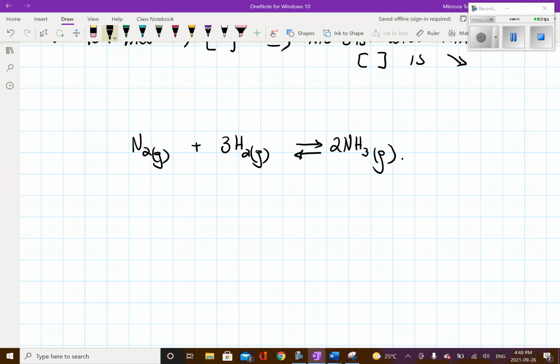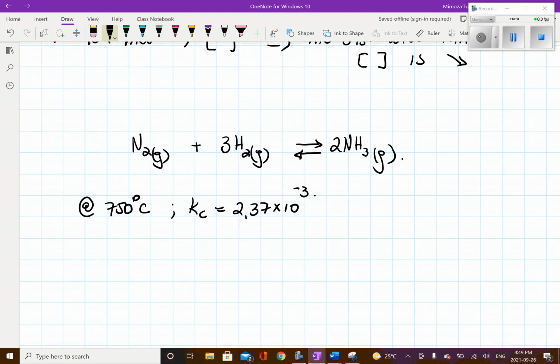Let's suppose now that we have a system at a certain temperature, 750 degrees Celsius. The equilibrium constant is 2.37 times 10 to the power of -3.